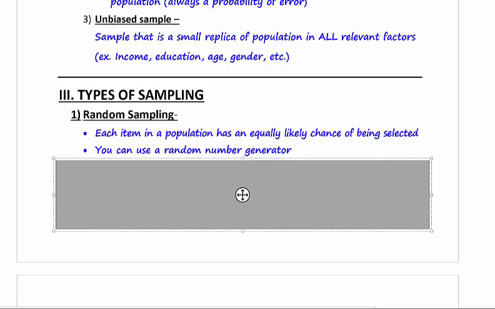This is where each item in a population has an equally likely chance of being selected. So this means that every single person or object in the population has the same chance of being selected.